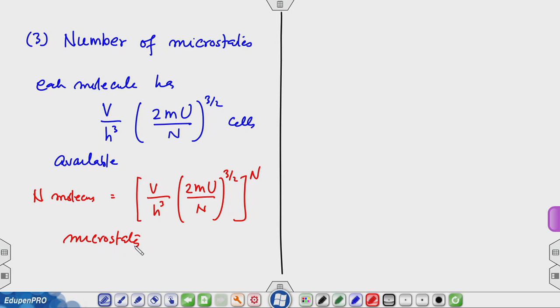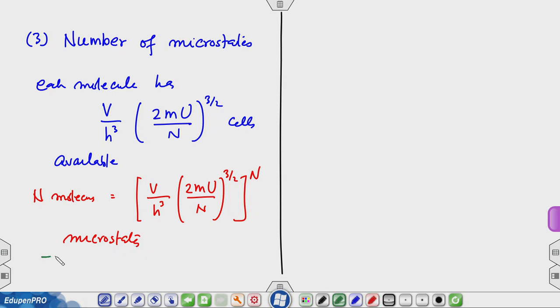In equilibrium, because this for large n is roughly equal to the total number of states, and that's about equal to the states available in equilibrium. So this is nothing but the number of cells available to each molecule, and therefore to n molecules this is the number of cells which are going to be available.